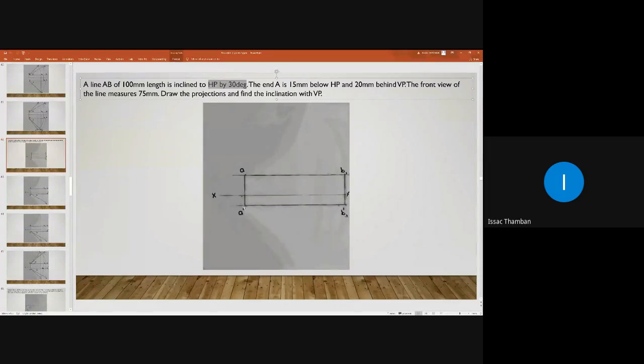After leaving 100 mm from the first end projector, you can draw the second end projector somewhere around here. Then from point A dash you draw a horizontal line to obtain B1 dash. Another horizontal line through point A, intersect the second end projector, and that is point B1. Do it.